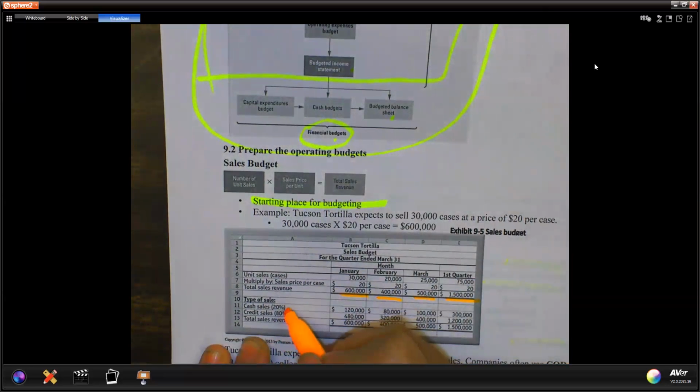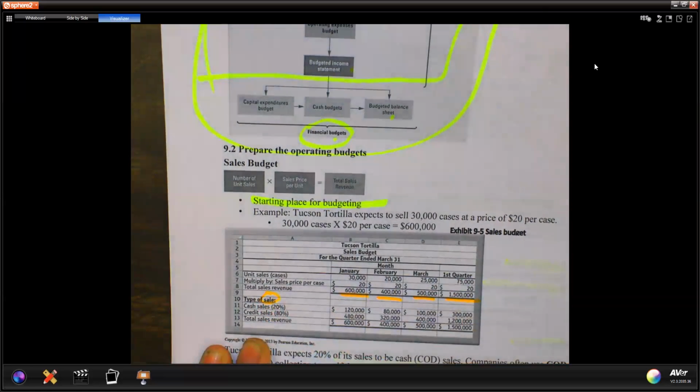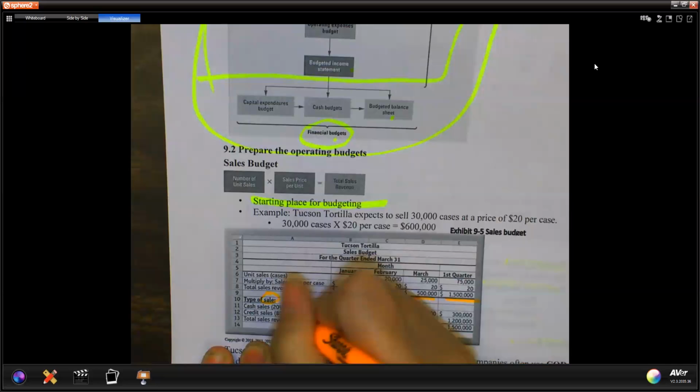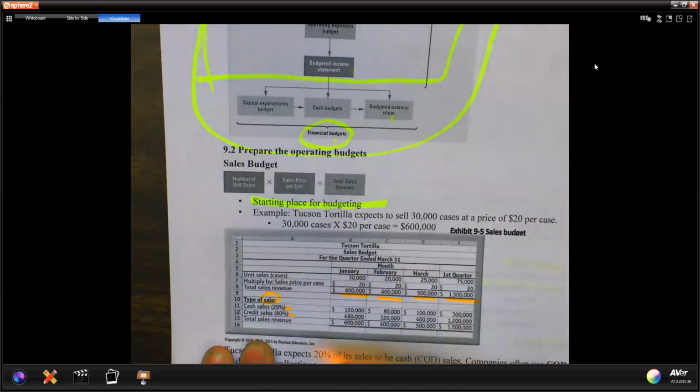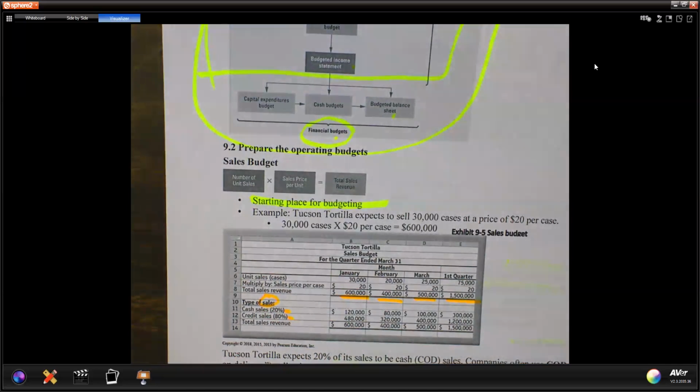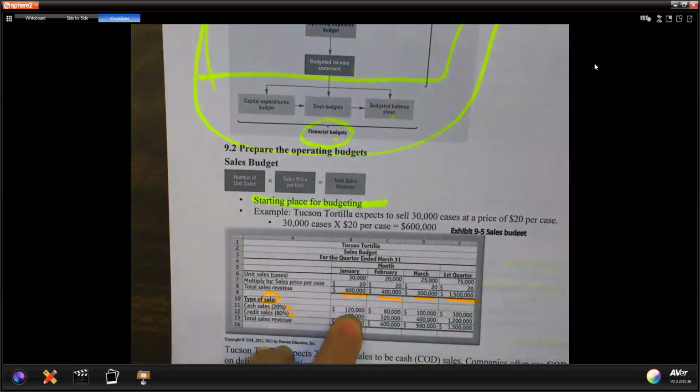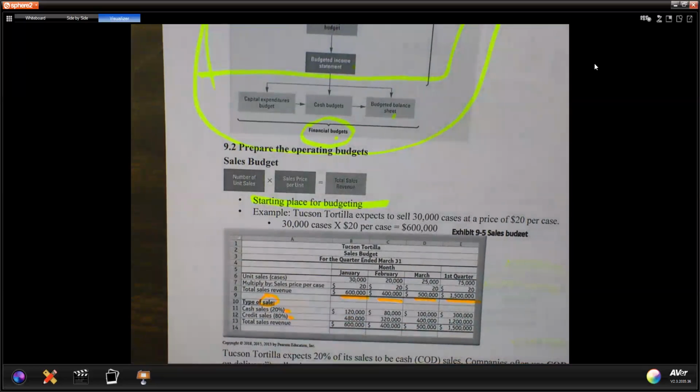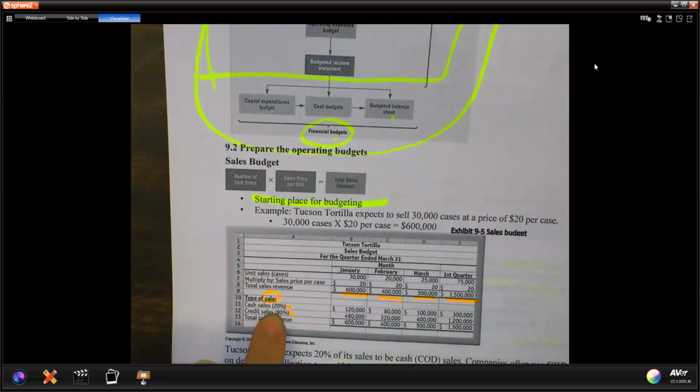Then you will separate your sales, right? Your sales has two parts. One is cash sales, one is credit sales. I just assume you already know everything in this semester, so I jump here and there. I don't just read the handout. For the cash sales, you will collect 120,000 when you make sales in January. But for your credit sales, you do not collect the money in that month.